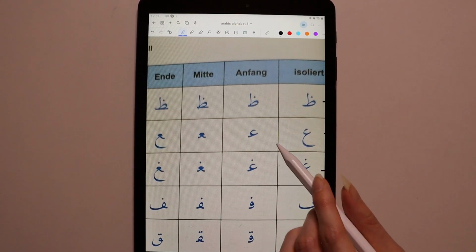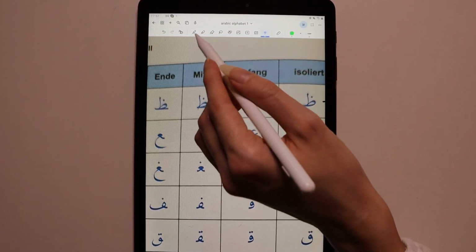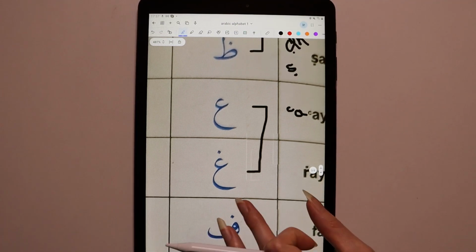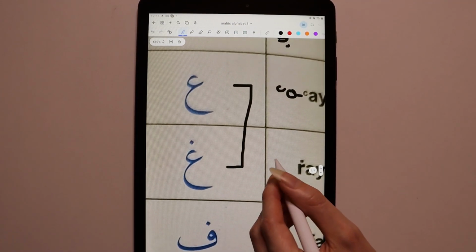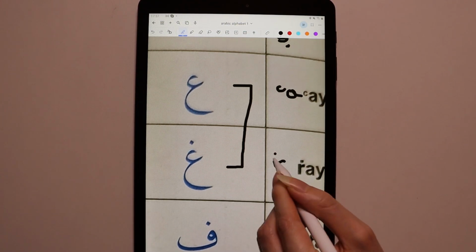This is the ein, and now we have the rein, and the rein is like a German or French or Dutch R, I would say. And then it's always written like this, I think.